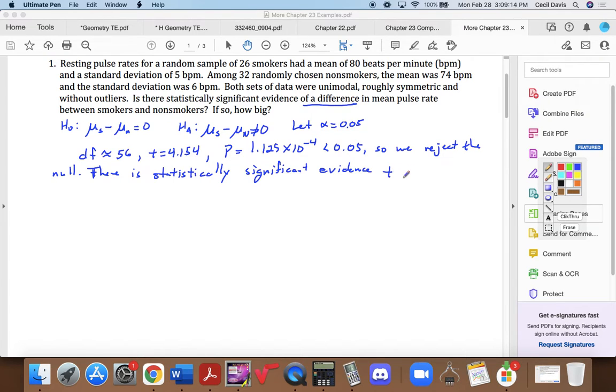So there's statistically significant evidence to conclude that the mean beats per minute for smokers is greater than that of non-smokers.